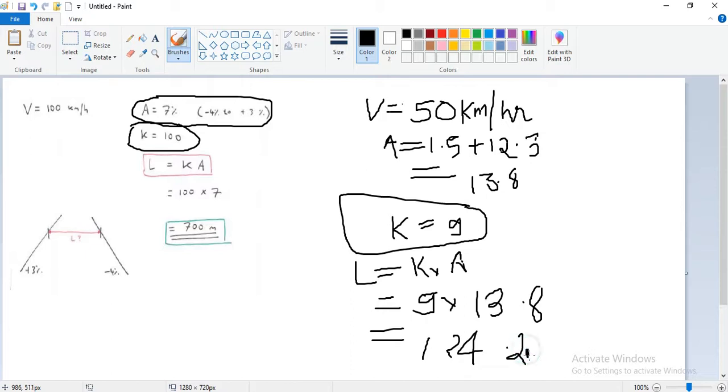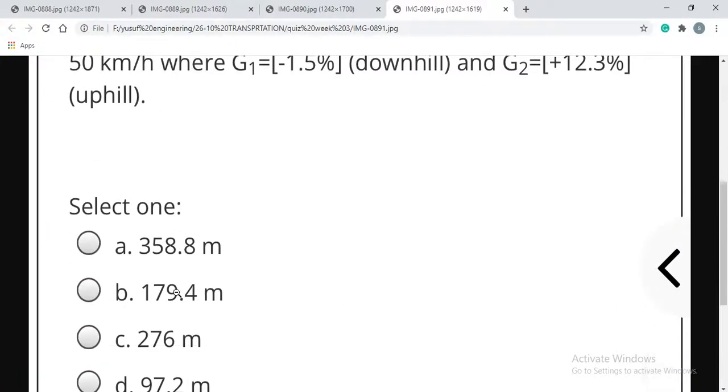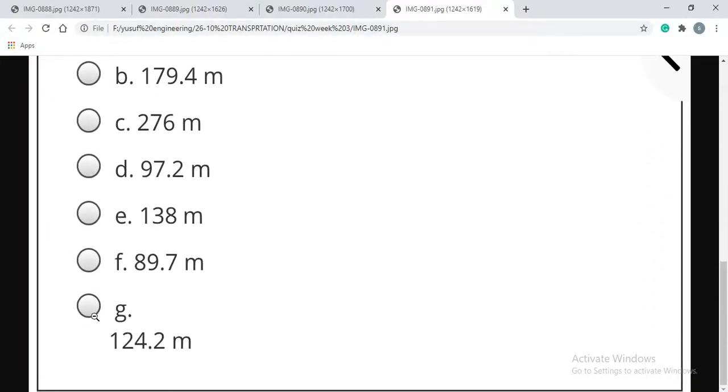So 124.2 meter is the answer. This G option is correct, and we have solved this question also.